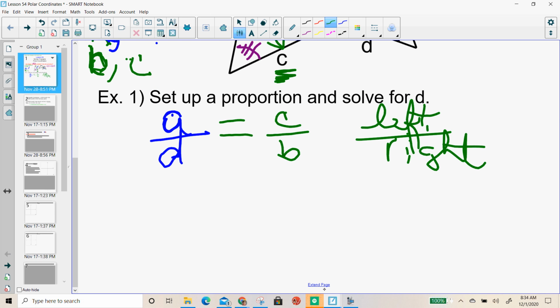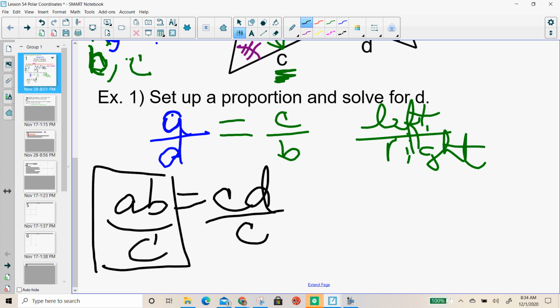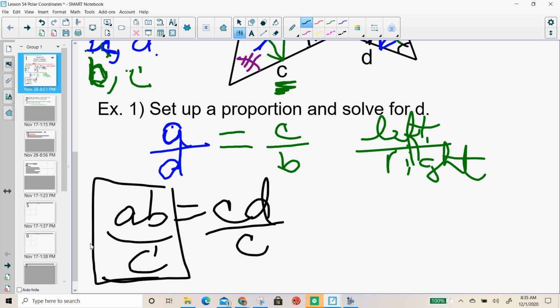And then if I wanted to actually solve for D, I could do my cross product here and say AB equals CD and divide both sides by C. And I have that D is AB over C. So the trick in setting it up is look for what's across from the corresponding angles. Okay, that's it for similar triangles.